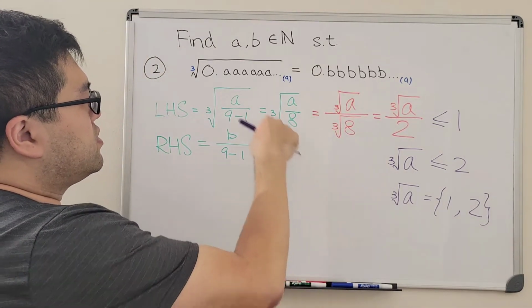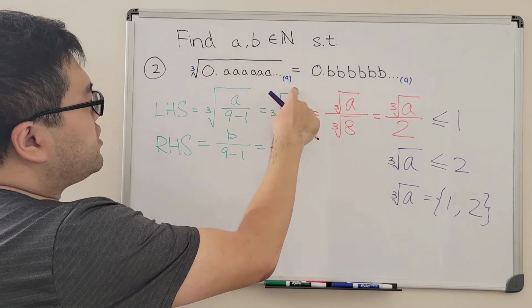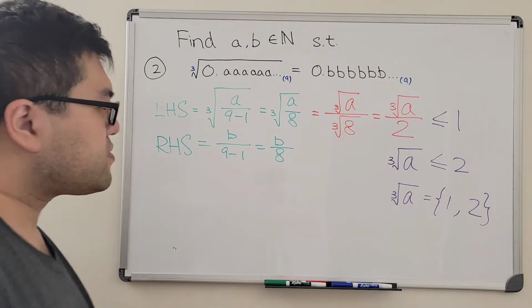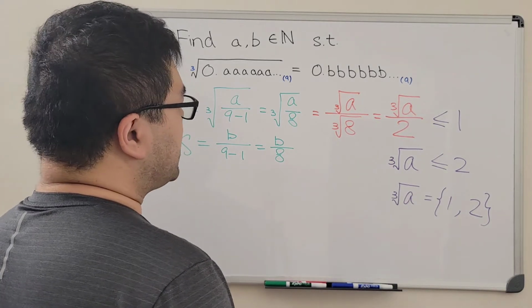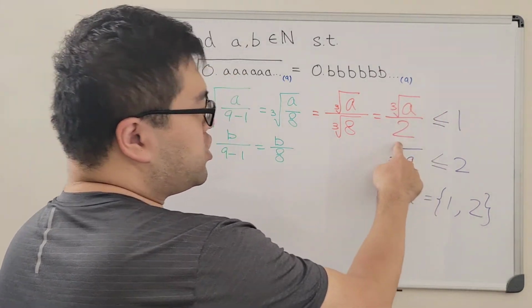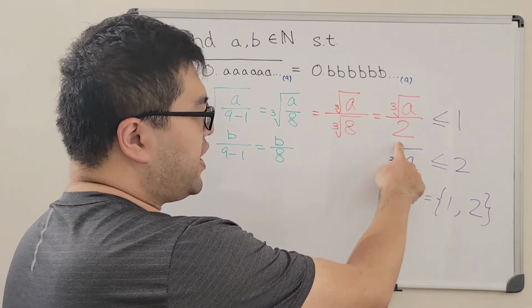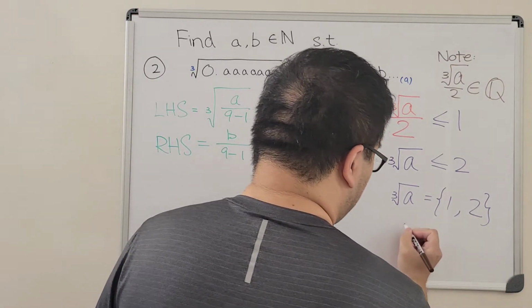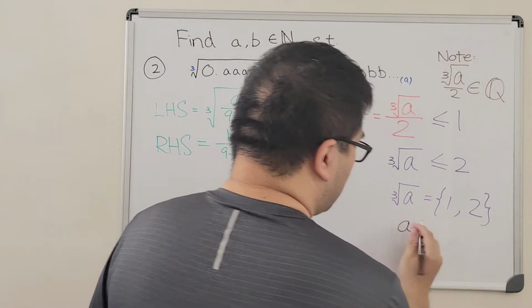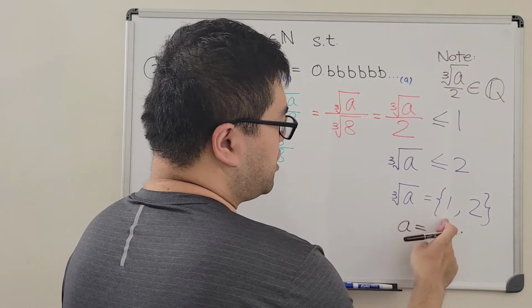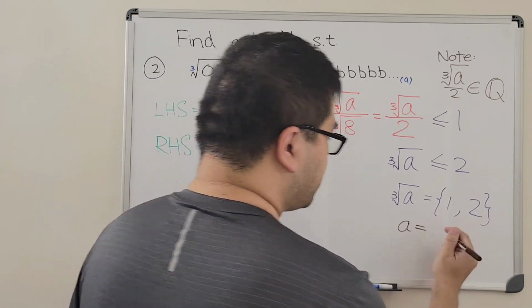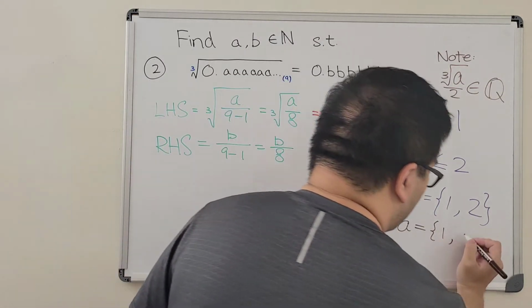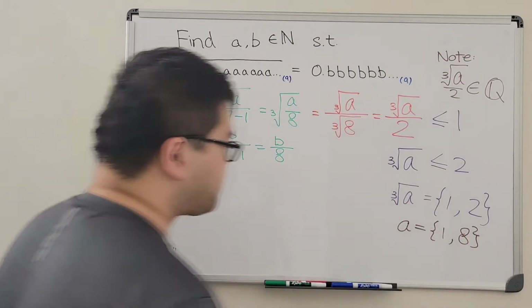In other words, this part right here, including the cube root, is actually a rational number. So it means that this fraction here, the cube root of a over 2, is also very good. So what does that mean? It means that now we're going to take the third power on both answers, telling us the possible a values will be 1 or 8.